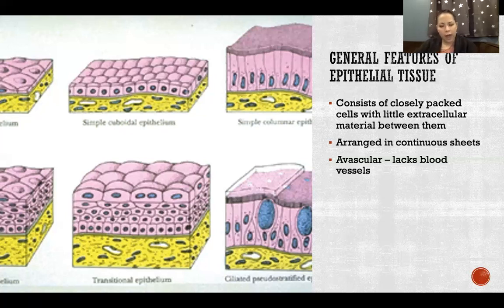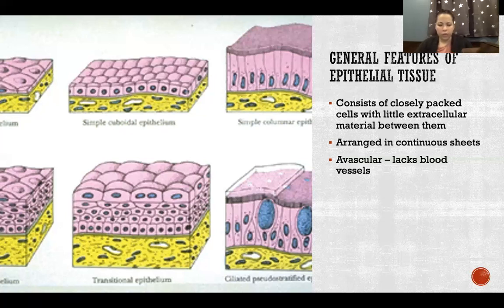So anywhere that we have epithelial tissue, it's got neighboring connective tissue. So connective tissue has a lot of blood supply. It gets a lot of nutrients and oxygen. And those nutrients and gases are able to percolate through the fluid, the extracellular matrix in the connective tissue, to reach the epithelial tissue that neighbors it.